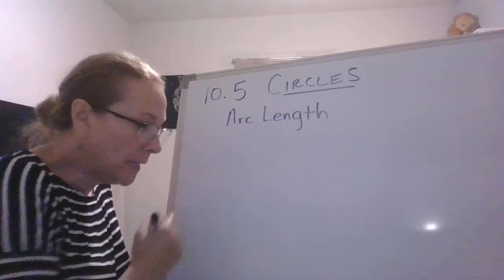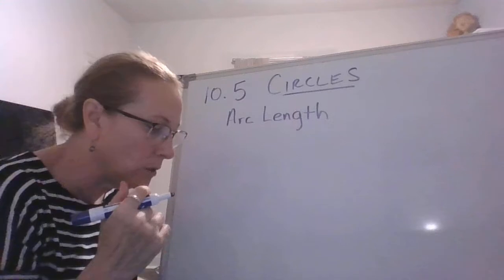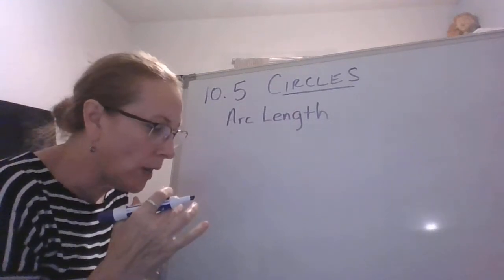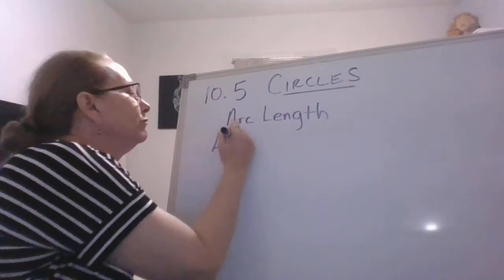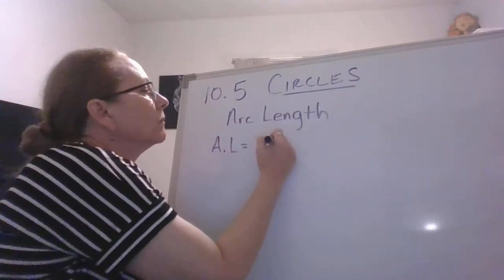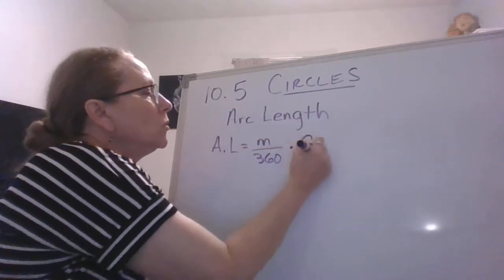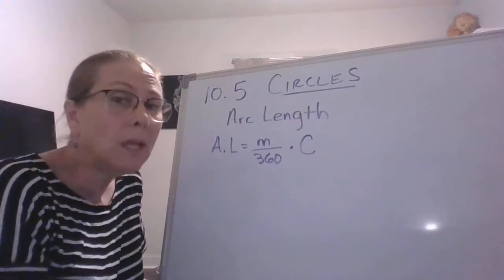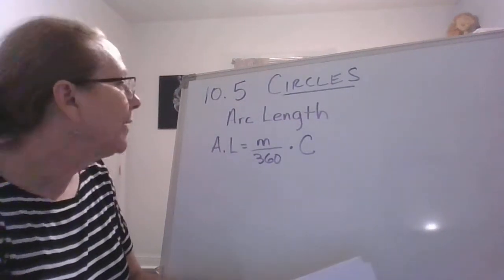If we take this formula, we'll use the one that the textbook uses. They use a variety here, but the arc length, or AL, is equal to the degree measure over 360 times circumference.